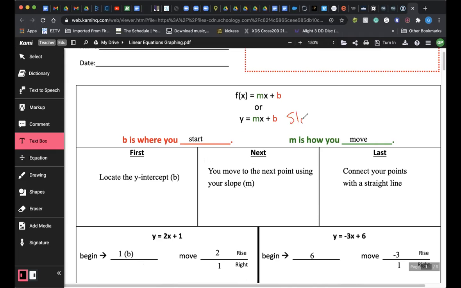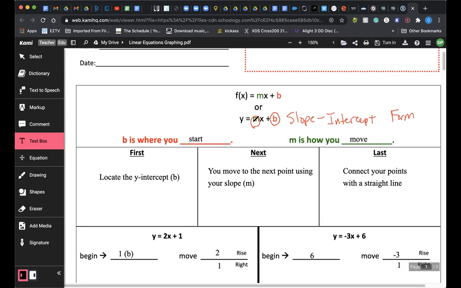You don't need to necessarily know the name of this, but it's called the slope intercept form because it tells us the slope, m, and the intercept, b. Your b is where you start on your graph. The intercept is where the first point is on your y-axis. If there is no b, then the intercept is 0.